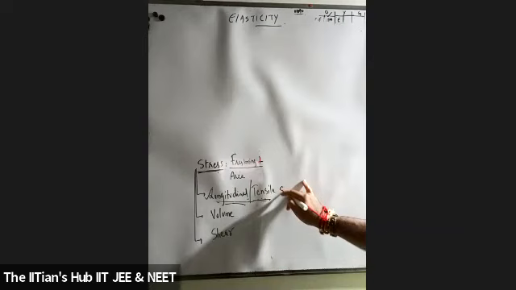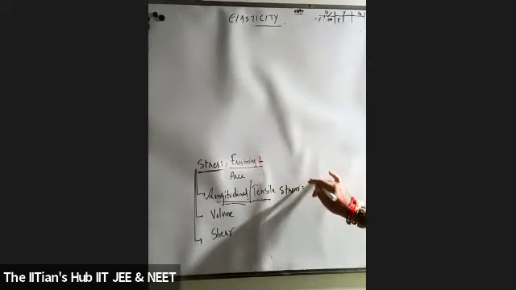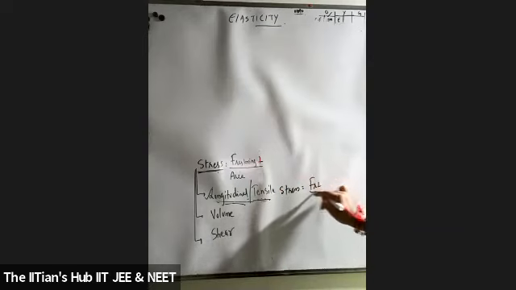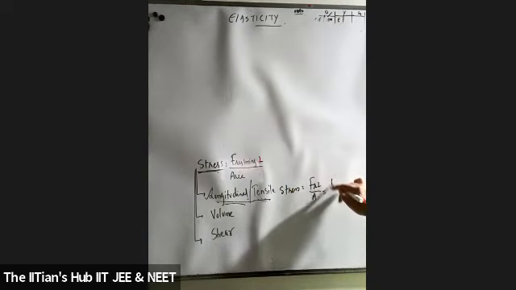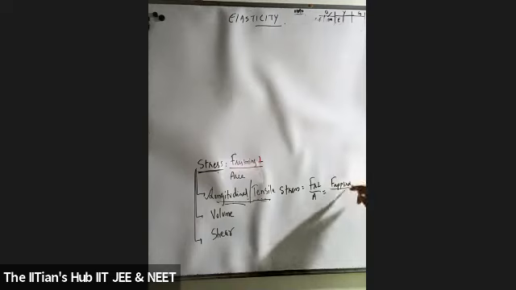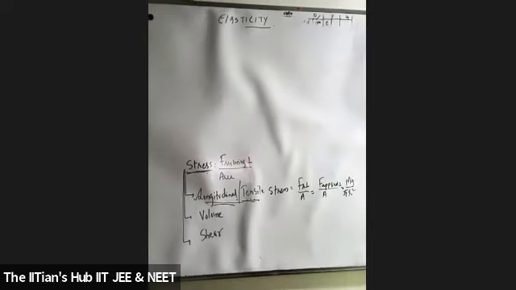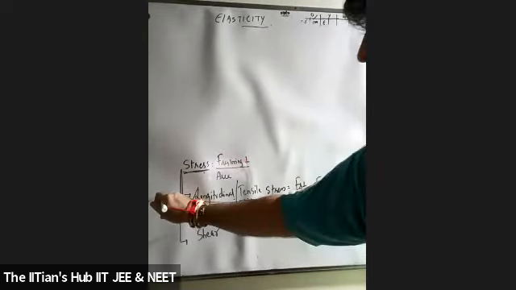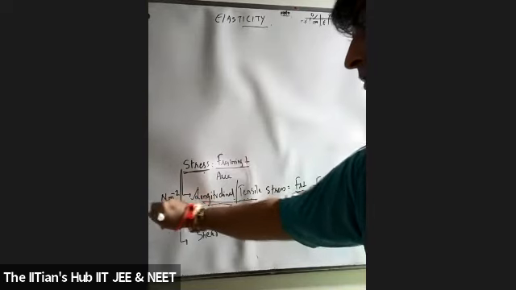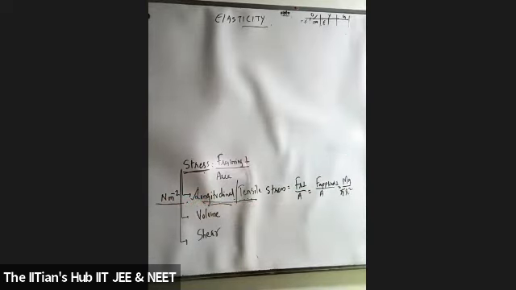Stress is restoring force acting normally per unit area. That can be numerically equal to force applied perpendicularly per unit area, which is equal to mg upon pi r square. Agreed? That's your formula, students. The unit of this we can consider as Newton meter square inverse. That's longitudinal stress, students.